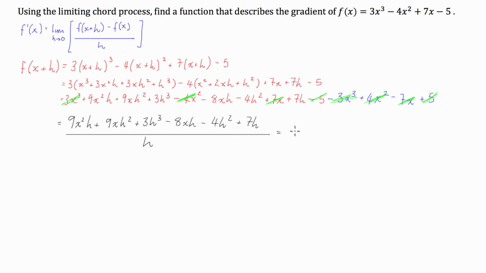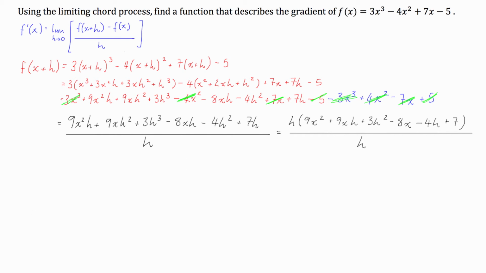To do that, we first factorize the numerator by h. So that's going to be h times (9x squared plus 9xh plus 3h squared minus 8x minus 4h plus 7), all divided by h.